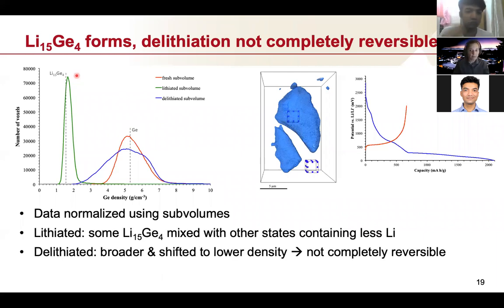So we have some Li15Ge4 mixed with other lower lithium content states. And then when we delithiate, that's the blue curve, you can see it's broadened out. There's a large variation between the densities, and it's shifted to lower densities compared to the pure germanium. So we're either leaving lithium in there or leaving pores in there. So it's not completely reversible.